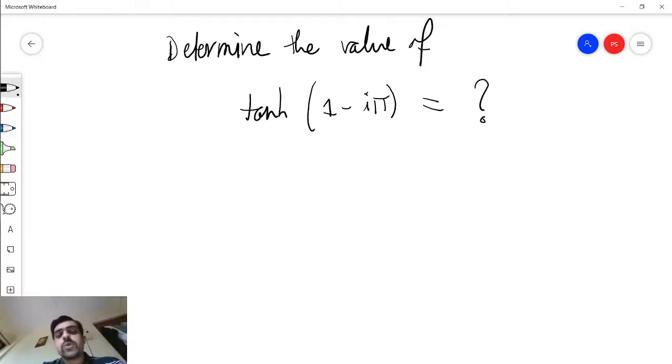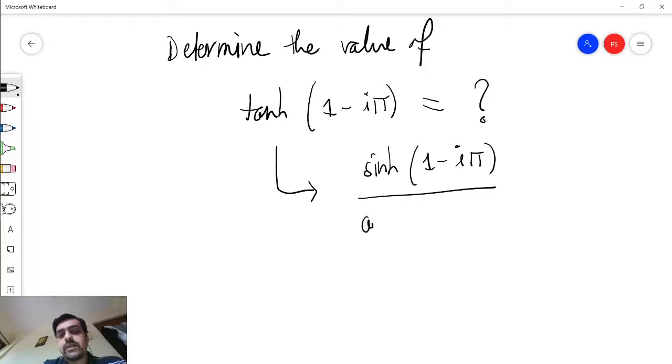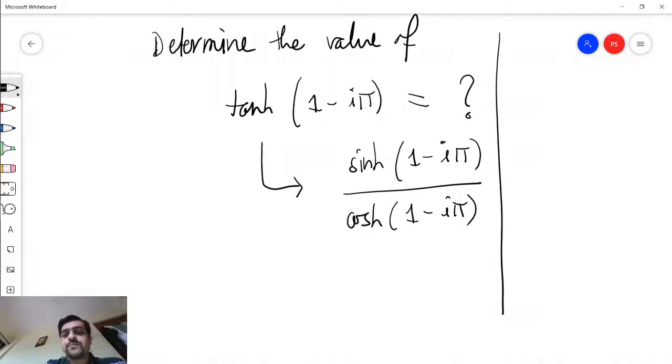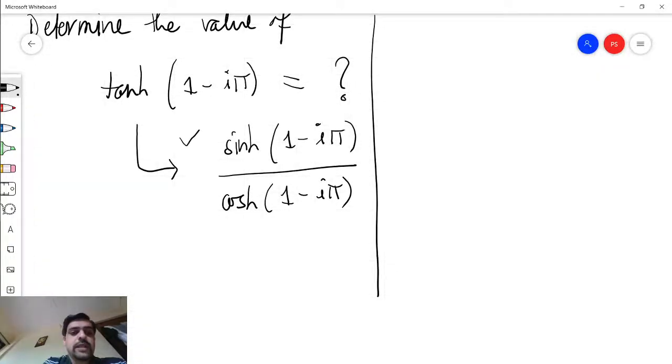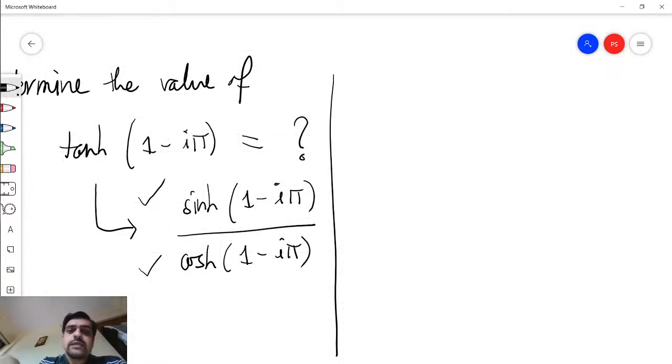Now this is a two-step process, because tan could be written as the ratio of sine hyperbolic of 1 minus i pi divided by cos hyperbolic of 1 minus i pi. In the next step, we should determine an expression for sine hyperbolic of this and then an expression for cos hyperbolic of this. So let us start with the sine part.